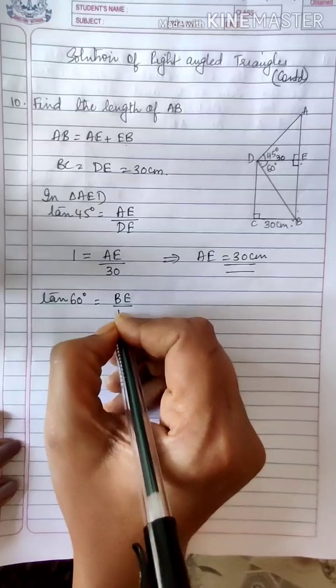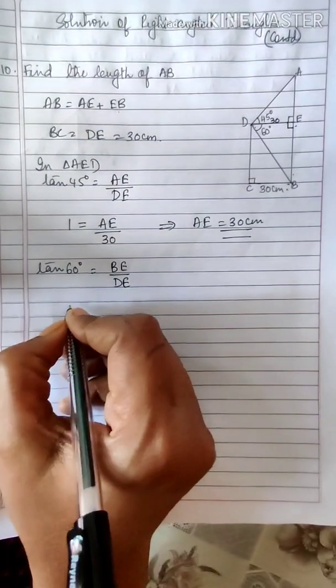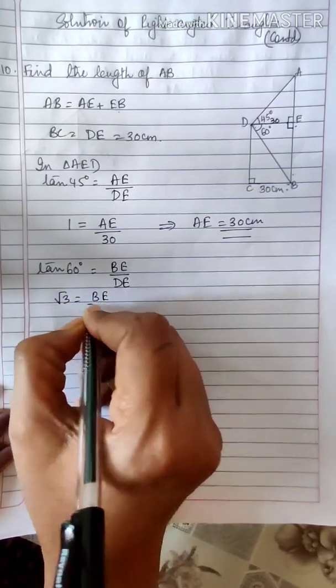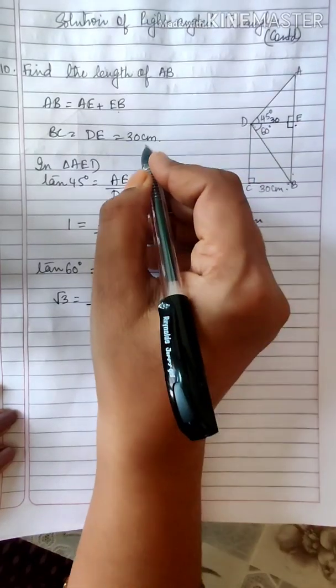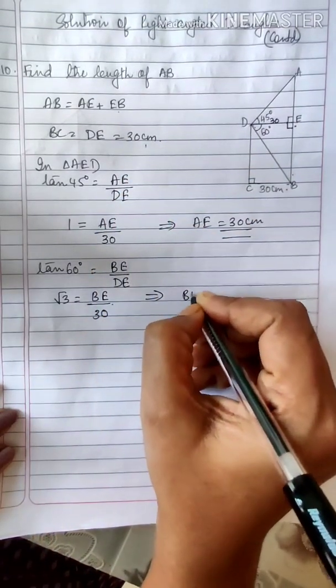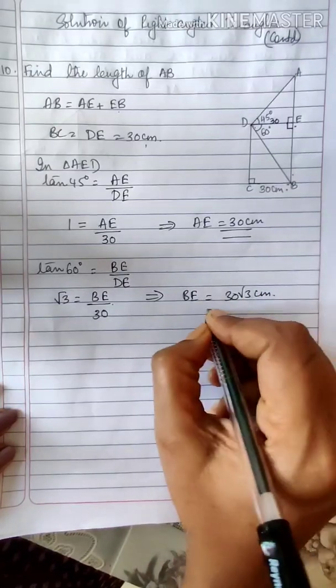The value of tan 60 is root 3 and you know DE is equal to 30. So, you get BE is equal to 30 root 3 centimeter.